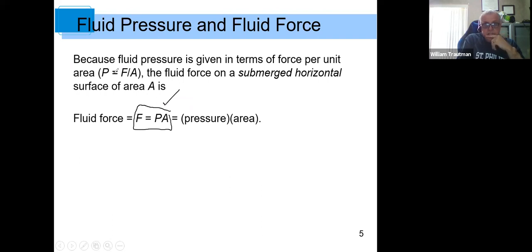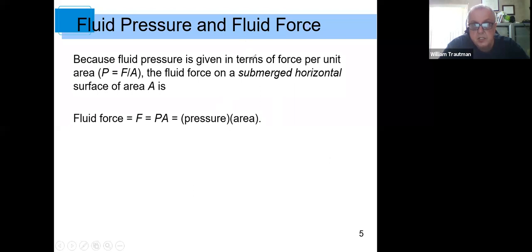So this is key. You wouldn't have to write that down, it's just taking the A to the other side and dividing it. But do write down F equals pressure times area, the fluid force on a submerged horizontal surface of area A.